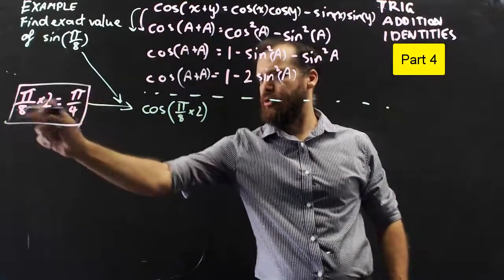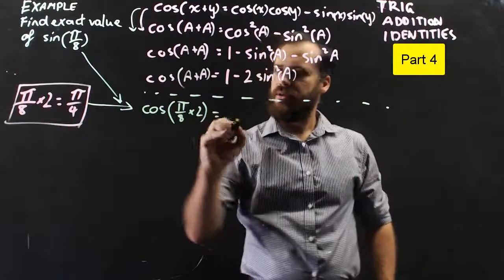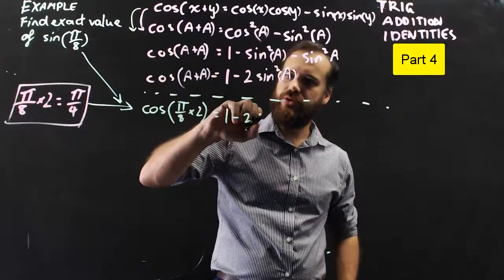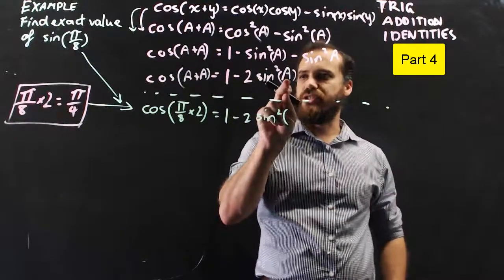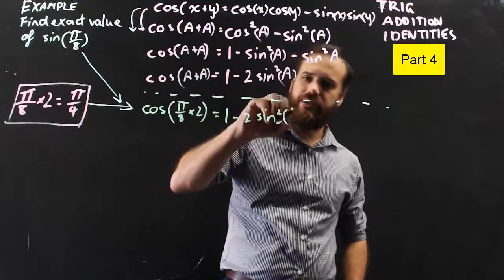That's how we've got this multiple thing going on. It is going to be 1 minus 2 sine squared, just one of them, pi on 8.